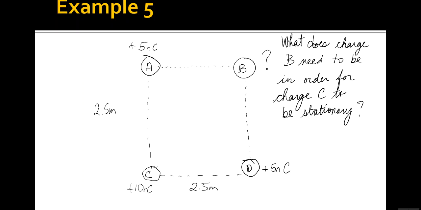Because I mean, if they're all the same distance, they're all going to get the same distance. What is the charge at V in order for C to be stationary? Because I don't know how else to resolve it.